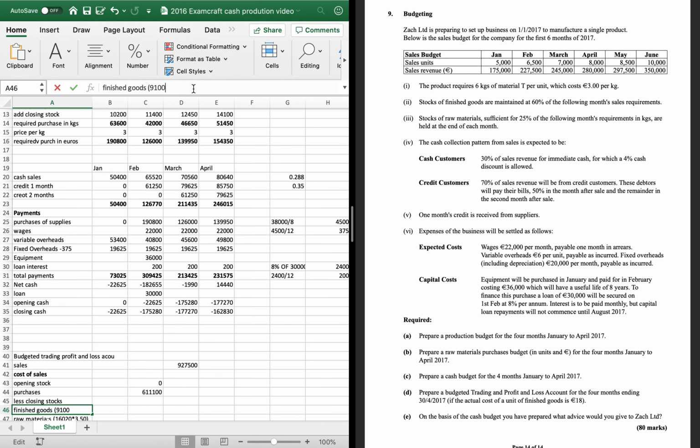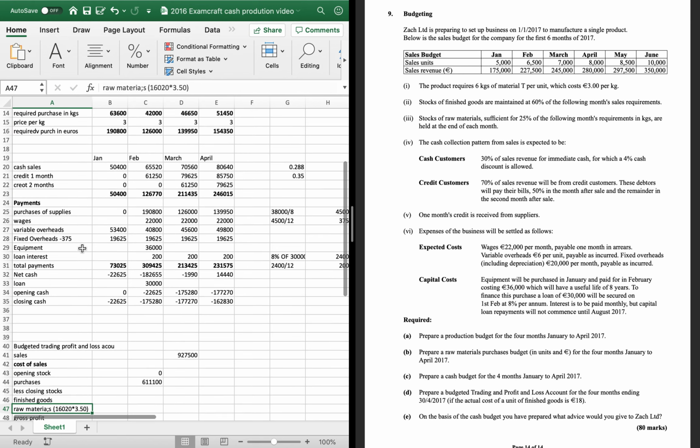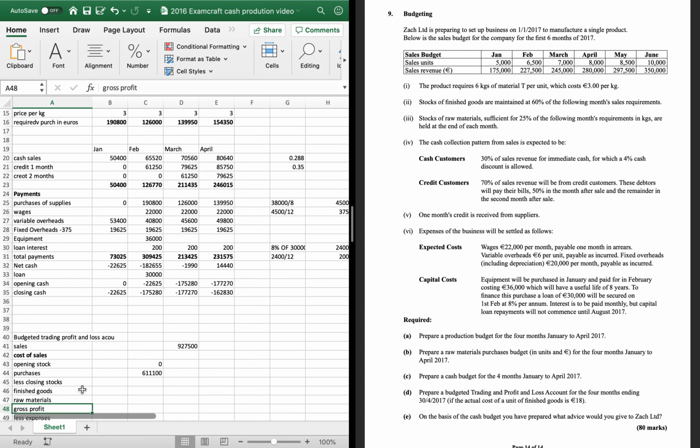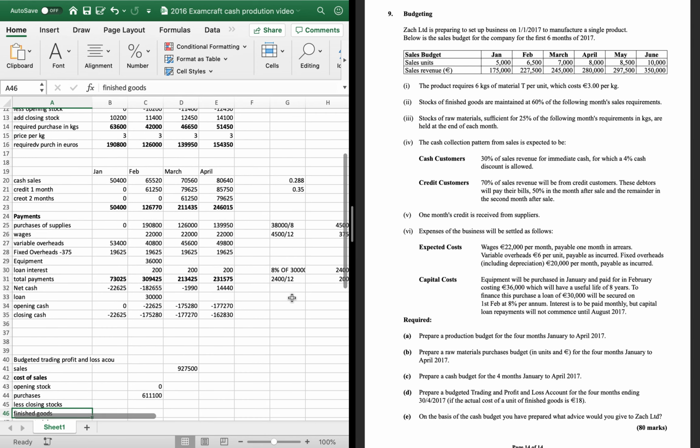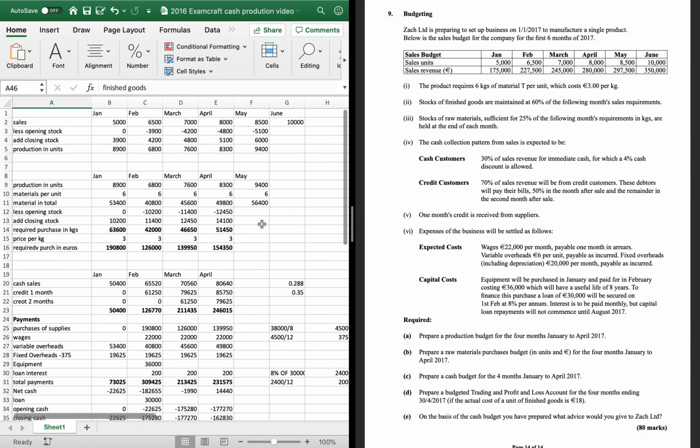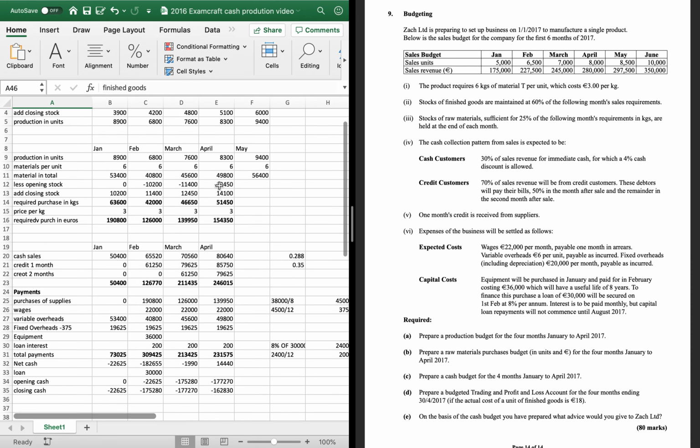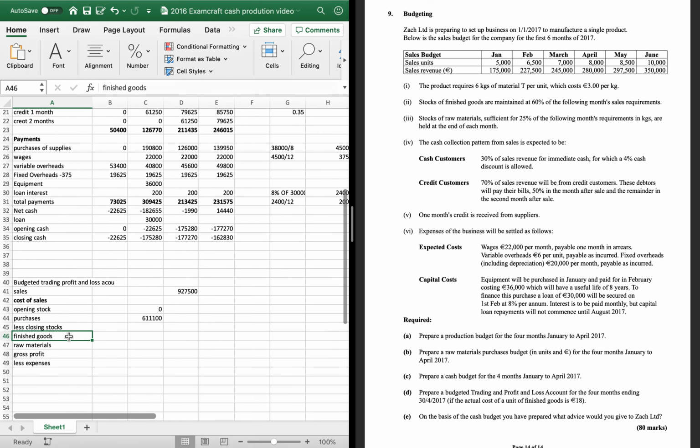This is from a previous question. So you've got finished goods and raw materials. So your closing stock of finished goods, and it tells you the price in the brackets here, that's really important, is 18. Your finished goods in units is your answer from part A for April, the 5,100, and it's going to multiply by 18.